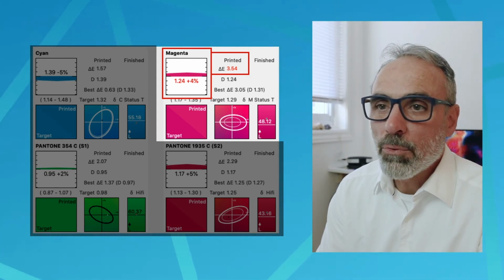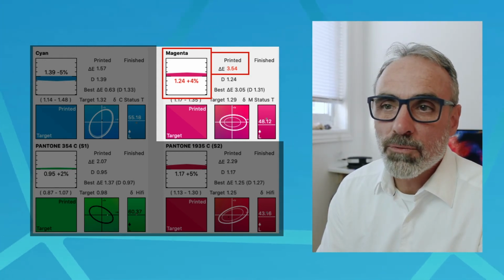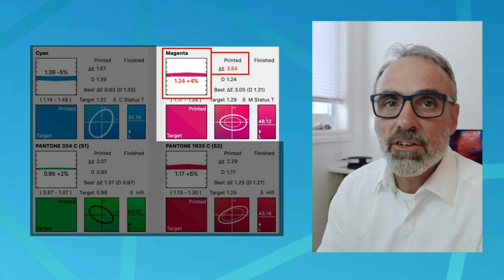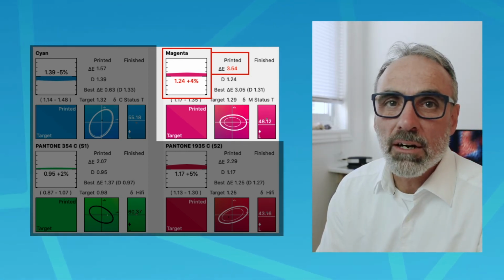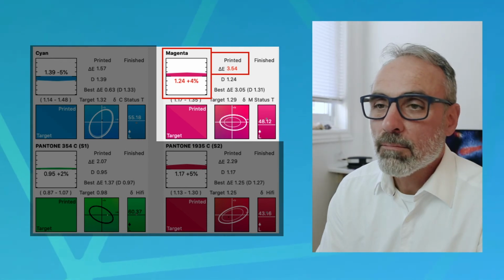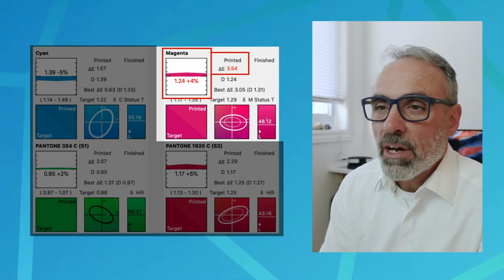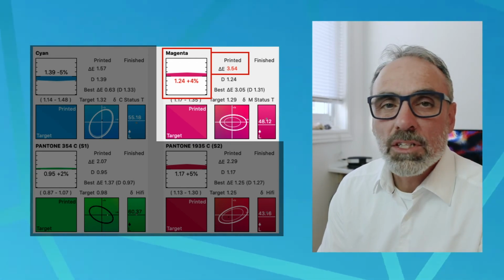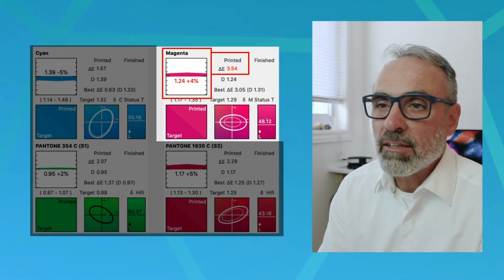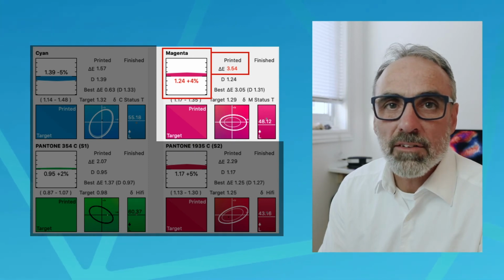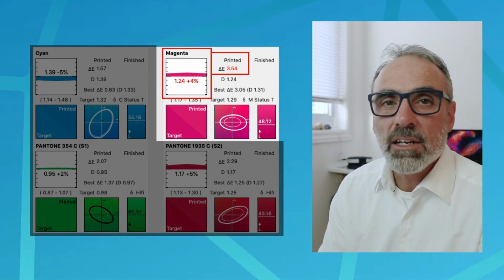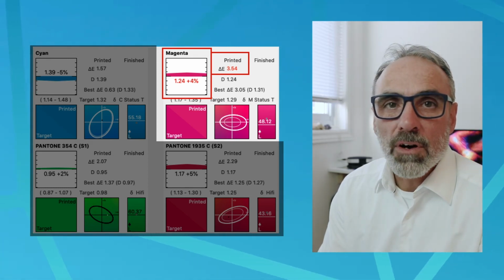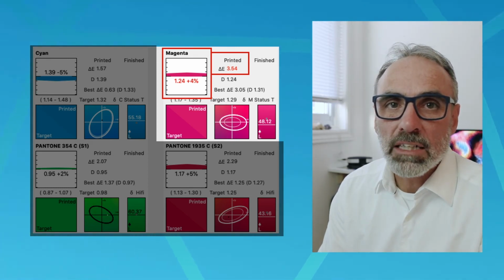So here 1.24 and a plus 4% density is still outside the tolerance that we are aiming for. And here on the right hand side you can see a delta E value of 3.54. So I would assume that the density for this job in the target standard is a delta E of 3. So 3.54 takes us above that range.